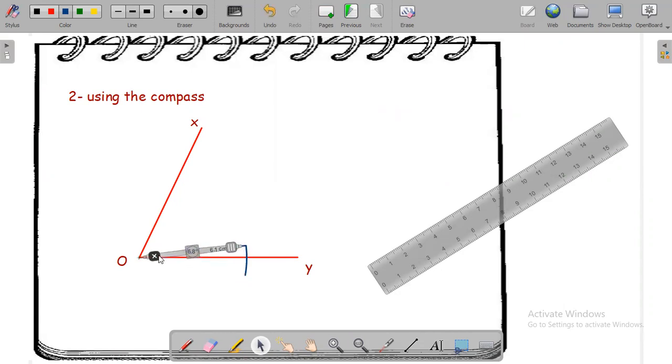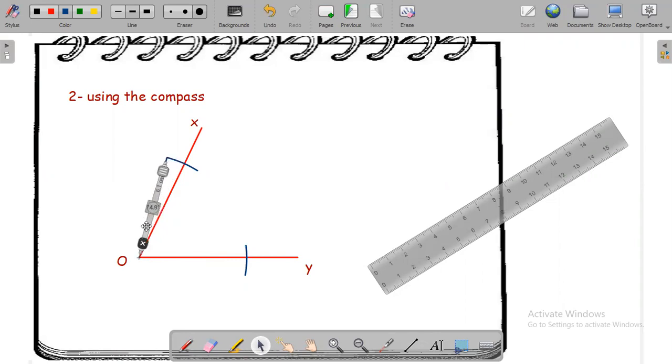Then we put the tip on the vertex O and we draw another arc on the other arm OX, but we don't change the radius of the compass. We don't change the radius and we draw another arc.